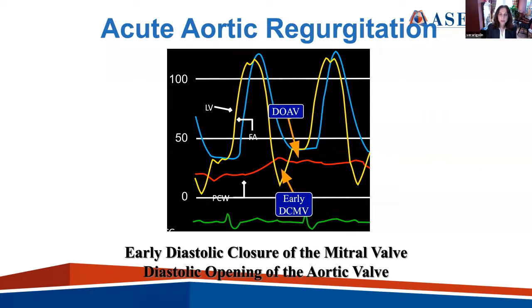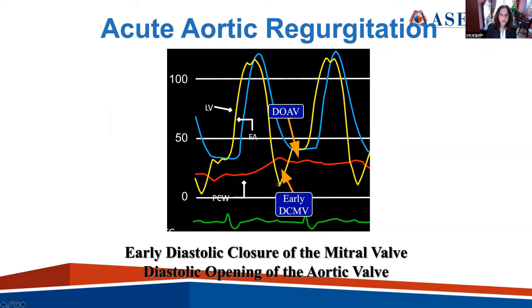And so what are some of the findings that we see on echo when we have severe aortic regurgitation? Well, two of the findings that we see are early diastolic closure of the mitral valve and early diastolic opening of the aortic valve. And what happens here is here's the pressure tracing of your left ventricle.